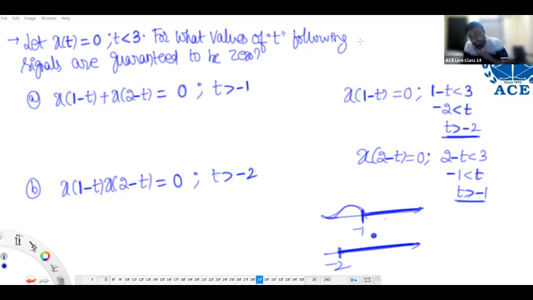Simple problem, struggling? First you solve for what time the individual signals are 0. We observed one signal is 0 after minus 2, another signal is 0 after minus 1.